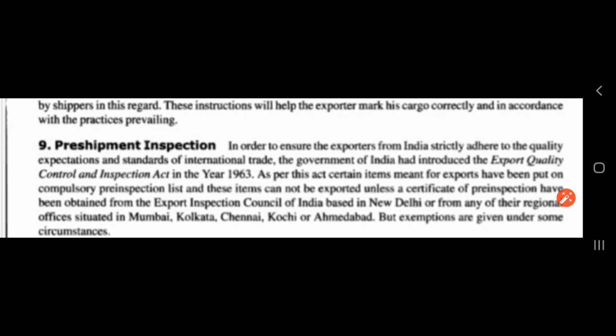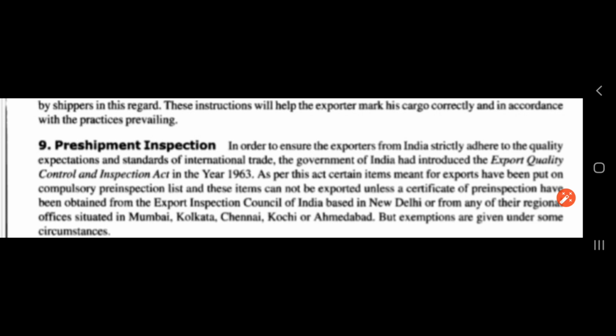So usually this organization, the Export Inspection Council of India, does this inspection, and this certificate, after inspection, once everything is fine, is compulsory for various products to do the export.